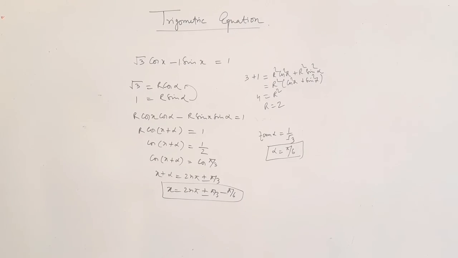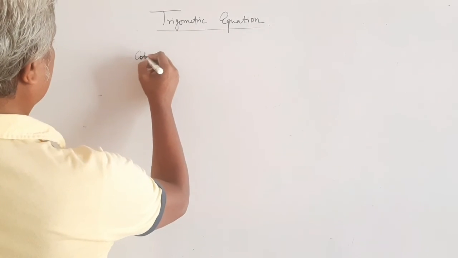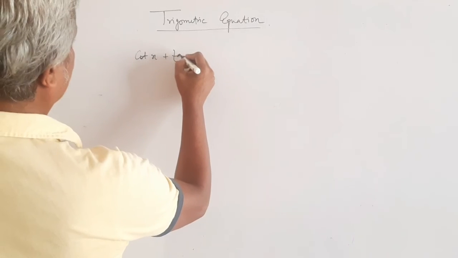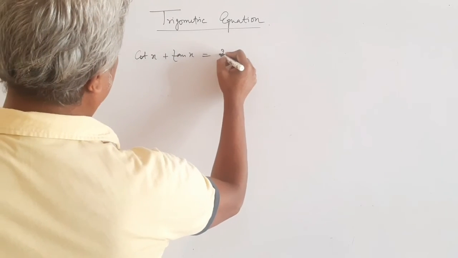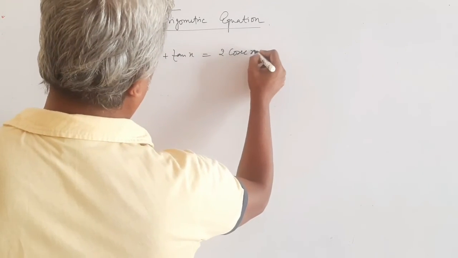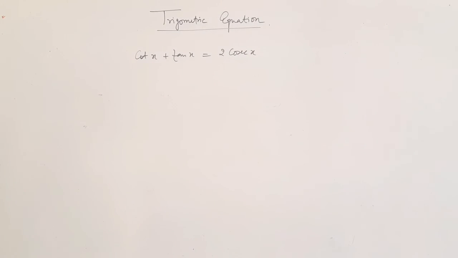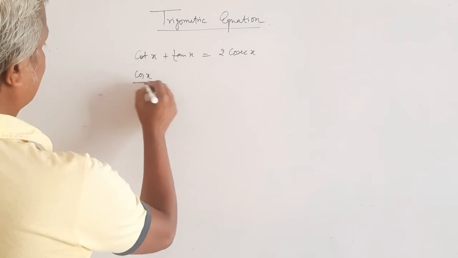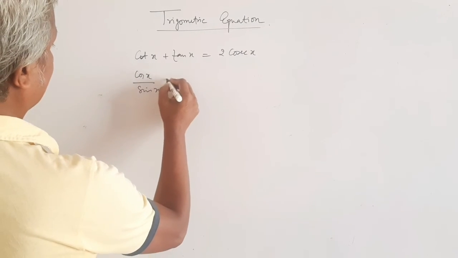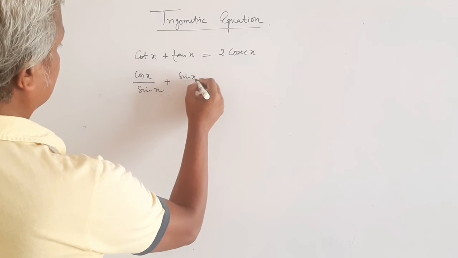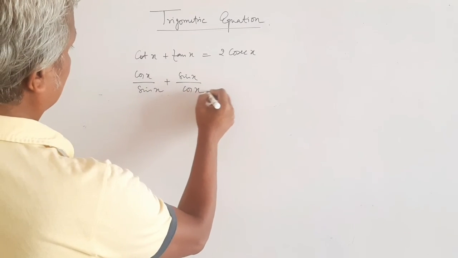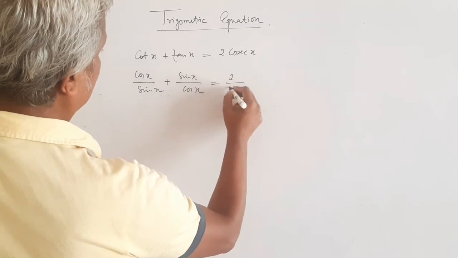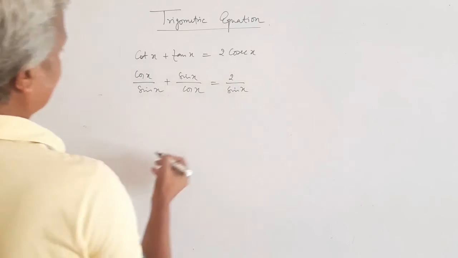One more equation I will solve, and then we'll go into the solution. Now we have a question: cot x plus tan x is 2 cosec x. Now how to solve? Better I go back to cos x upon sin x plus sin x upon cos x is 2 upon sin x.